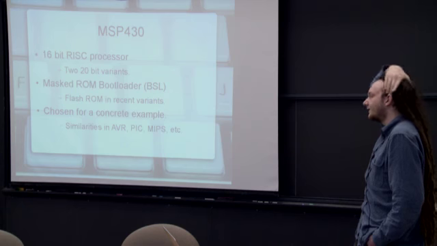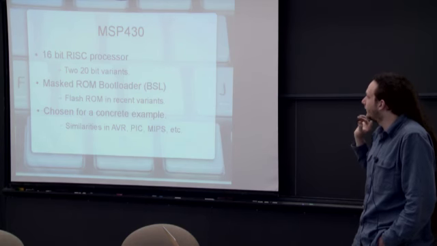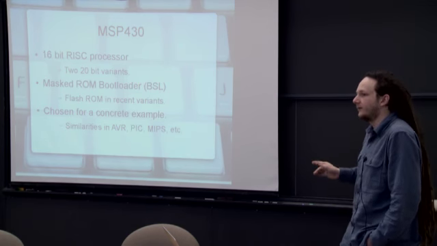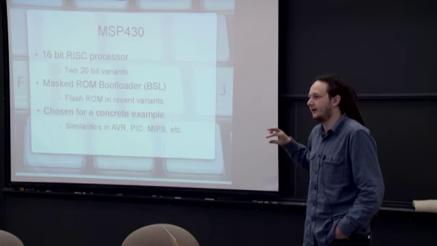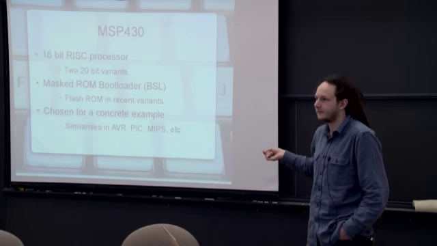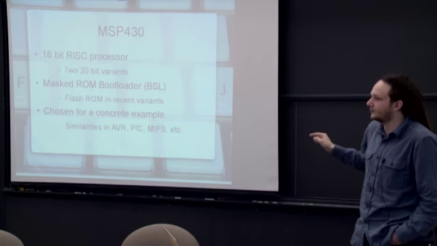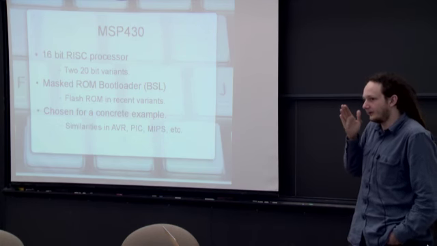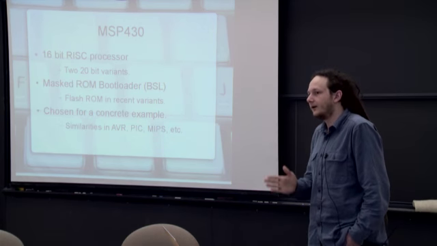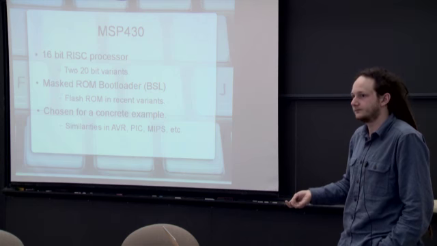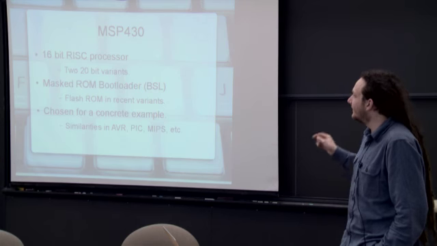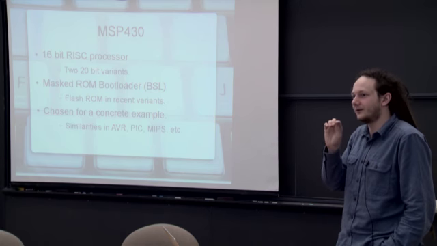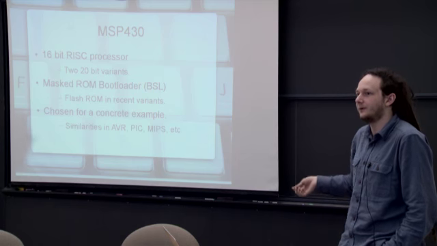It also has a masked ROM bootloader, which I came up with a couple of exploits for, so they replaced it with a flash ROM bootloader. Where it's in masked ROM, it is perfectly identical for all of the chips of a given model, which means that you can reuse its communications functions to get a cheap serial port.